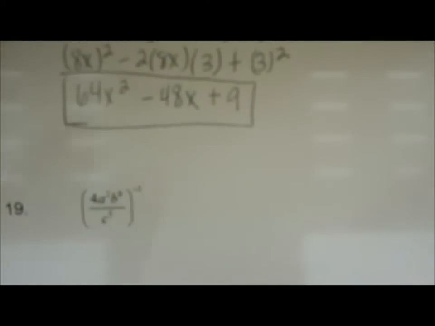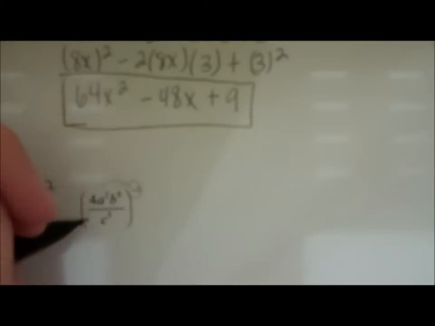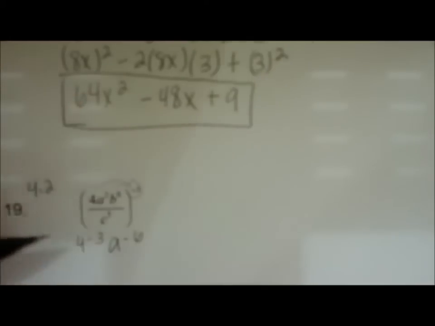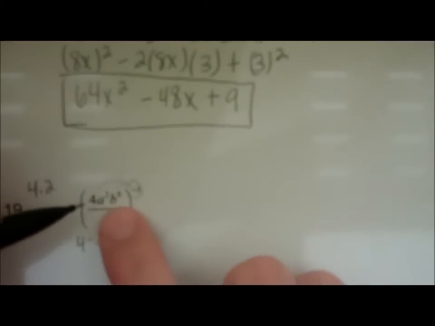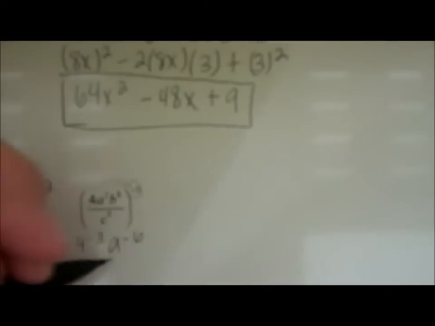Okay, number 19. This is section 4.2. Remember, you distribute this negative 3 to each one. So that becomes 4 to the negative 3. A to the negative 6. And remember, B to the 0, anything to the 0 is 1. Put that over.